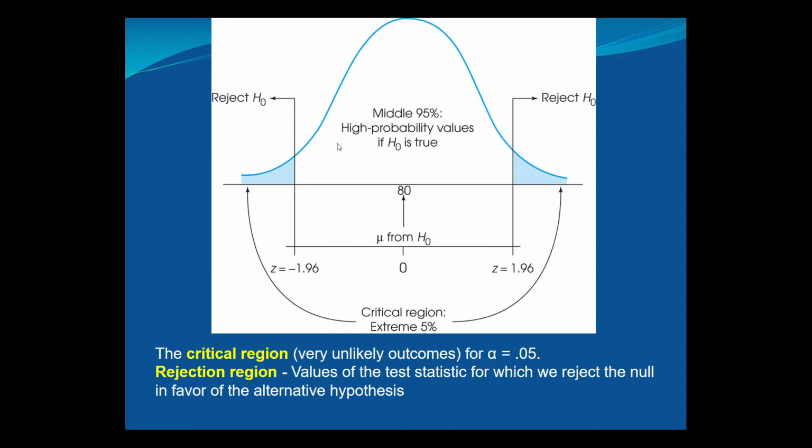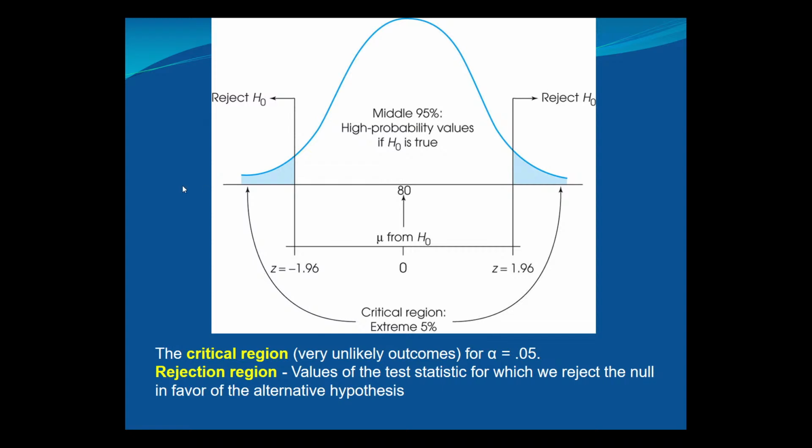On this slide, you see ranges which can be used to reject the null hypothesis or to fail to reject the null hypothesis. The critical region, the unlikely outcomes for alpha equal to 0.05, is shown on this slide.